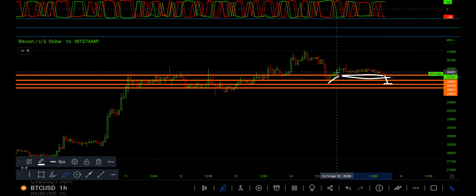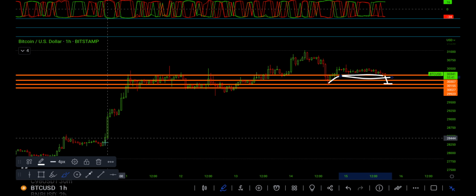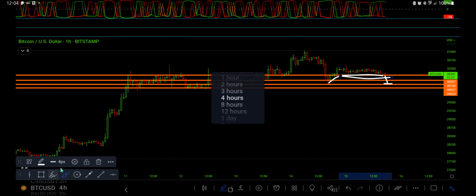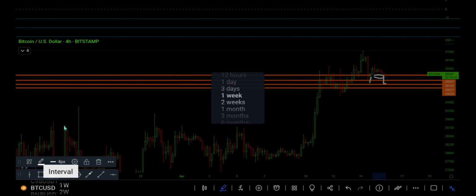More than likely we're actually gonna find support at this level or just right above 30,100, and then we'll continue up. We're gonna continue in an upwards trend because the higher time frames are all bullish on that.